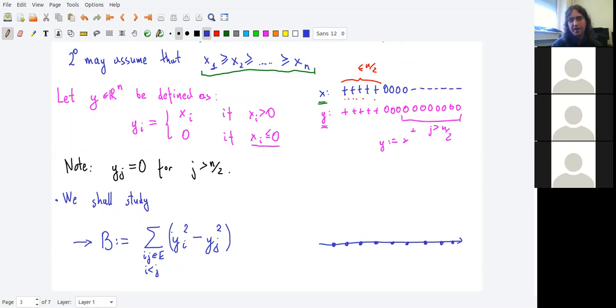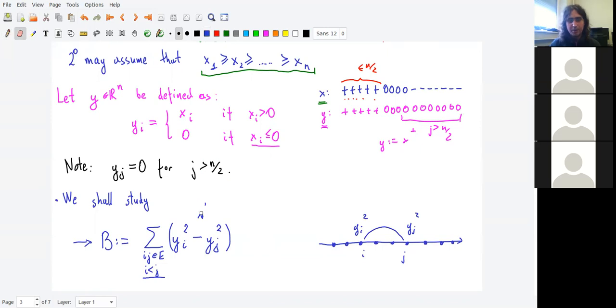B equal to, I look at all the edges of the graph, for instance an edge between vertex i and vertex j, and I sum up yi square minus yj square. Note that this is actually positive, not negative, because we assumed that this vector x is descending, meaning non-increasing, so the vector y is also non-increasing.